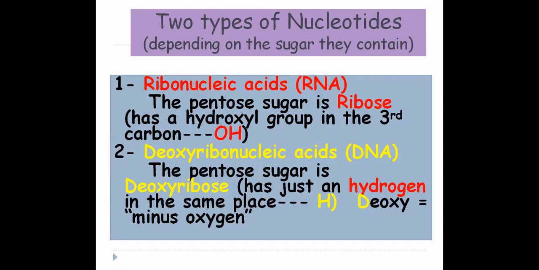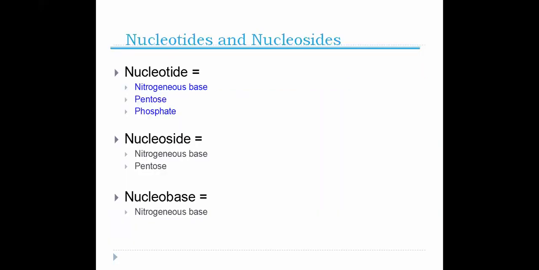The difference starts first of all in the name. Deoxy means there is no oxygen; deoxy is lacking an oxygen. RNA has the oxygen present. We'll look at this in detail, but from here we can get the difference.